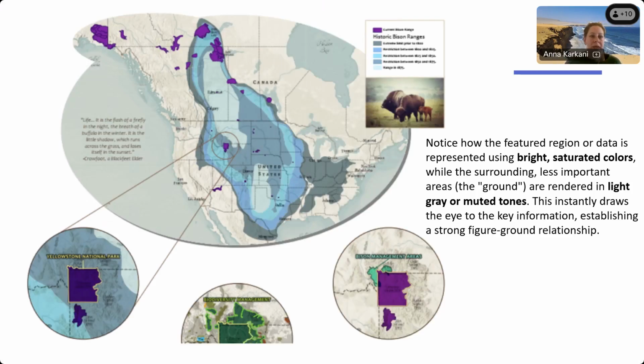You can see, for instance, here this area, and you can notice that the wider area is represented by this light gray or more mundane tones, and the places that the creator wants to show are represented by brighter colors, and they stand out in relation to the rest of the area.